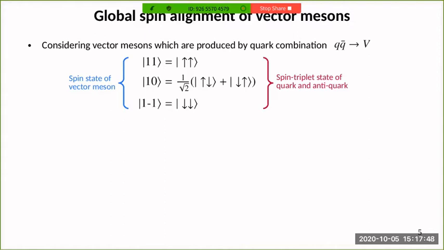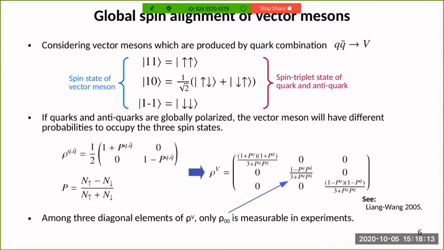So let us consider vector mesons which are produced by quark combination. Vector mesons are particles of spin 1, so they have 3 spin states along a specific direction. And the spin state of a vector meson is given by the spin triplet state of the quark and anti-quark. Following the idea of the global polarization, quarks and anti-quarks are globally polarized.